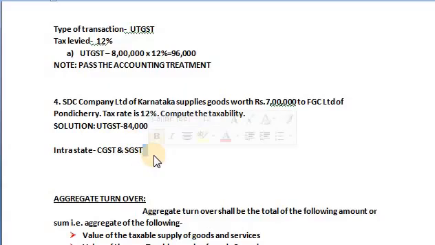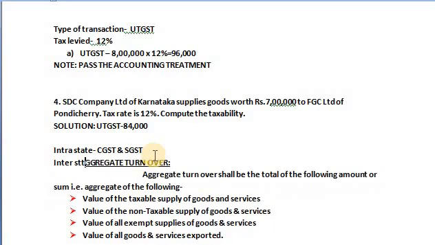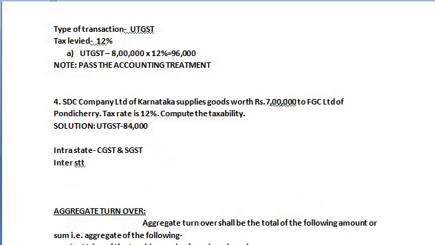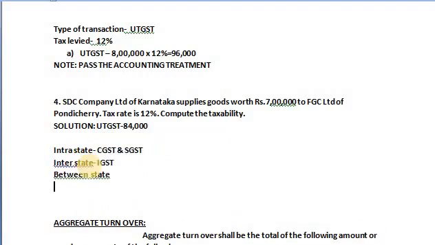Okay, but when it comes to interstate, IGST. Between a state and a union territory, at that time UTGST will be applicable.